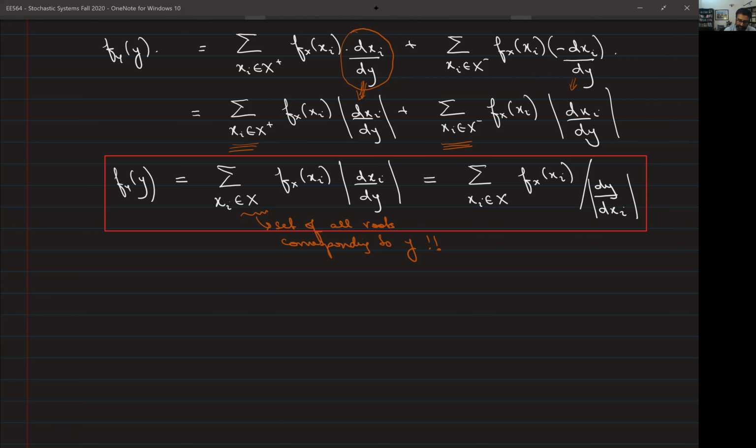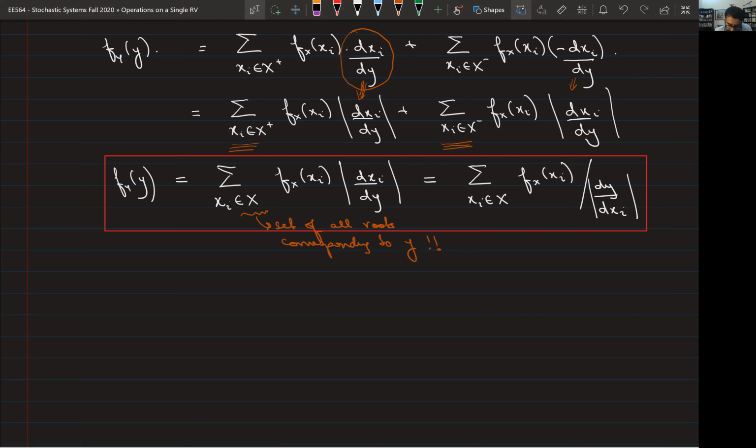अच्छा, so let me write this note down here. Right.